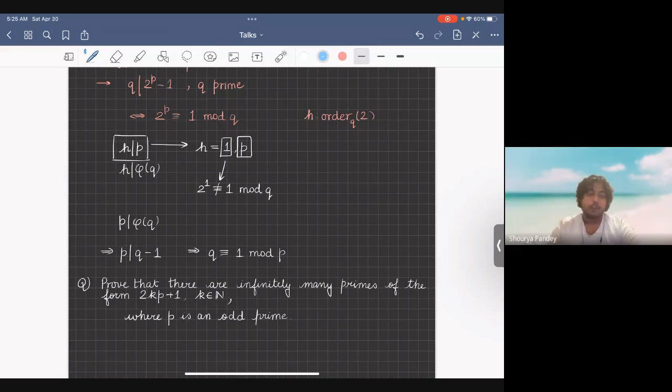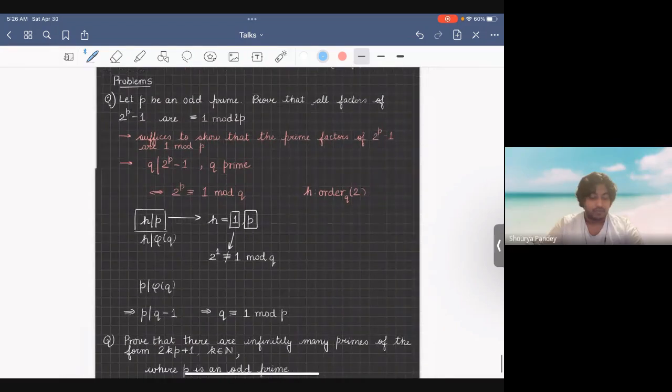Can you see if the arguments work? Can you scroll up a bit?